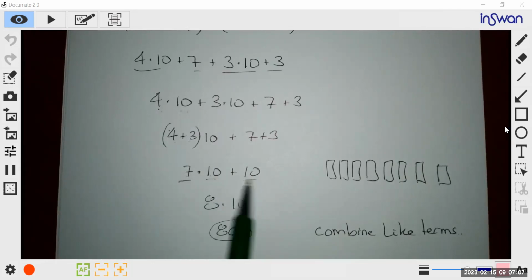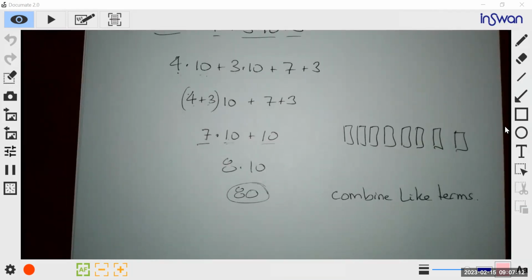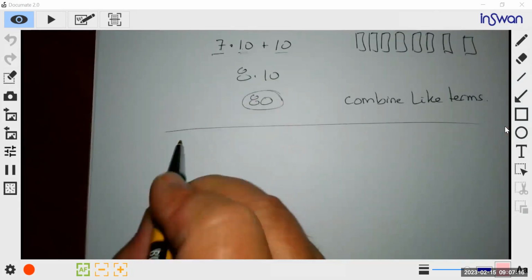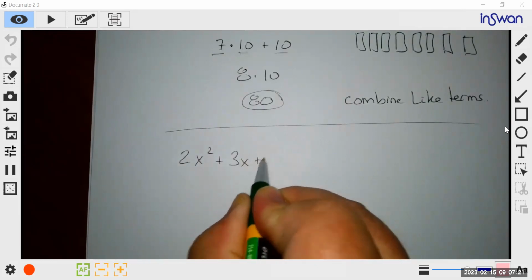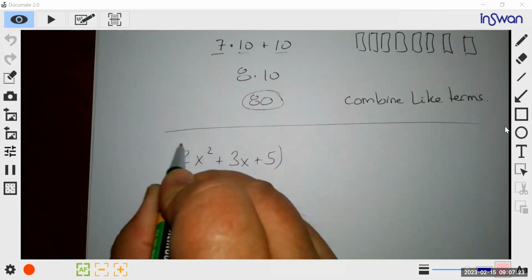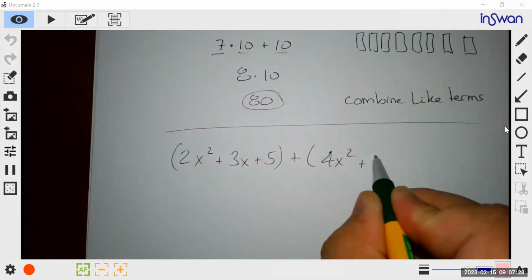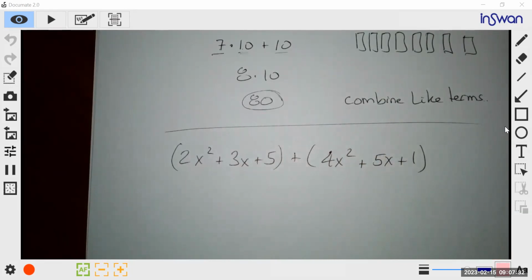They're like terms, they're both tens, so I combine those. Where else would you see something like this? This is a more prevalent way where you see it. Combine like terms.